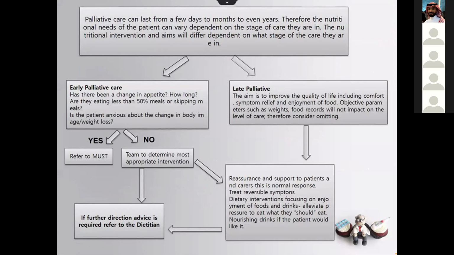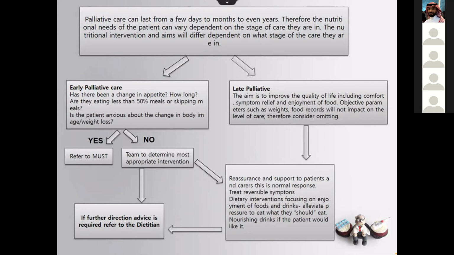in this graph. For early palliative care, we have to ask some questions: has there been a change in appetite, or is the patient eating less than 15% of their requirements, anorexic, or something like this?